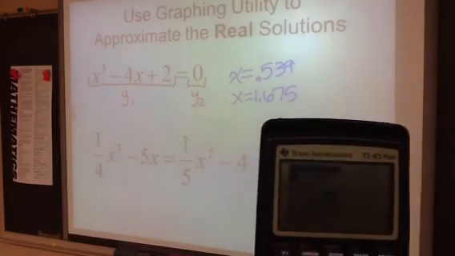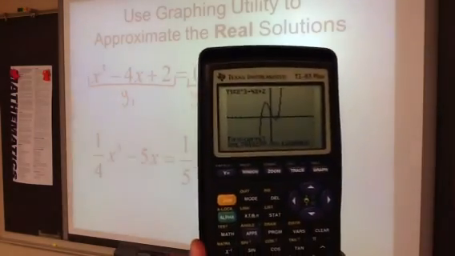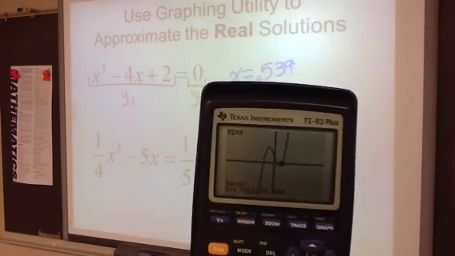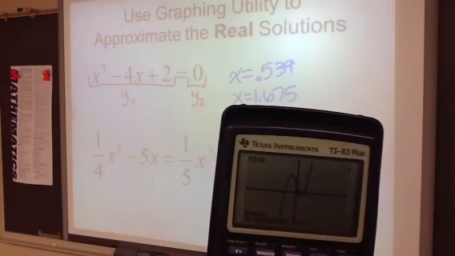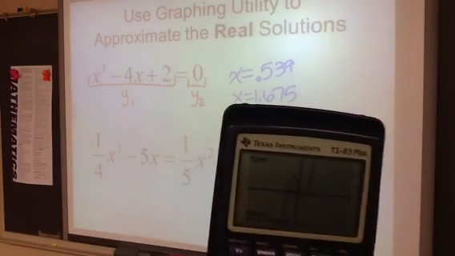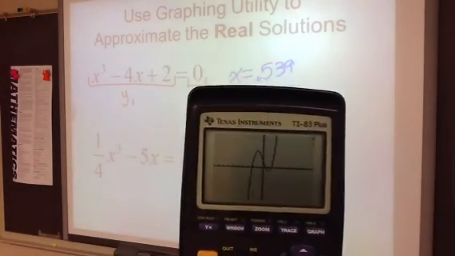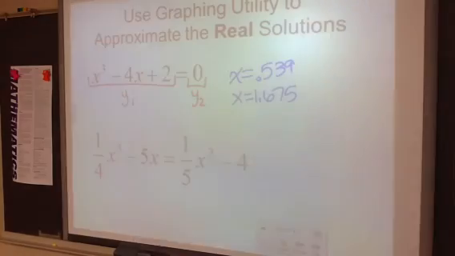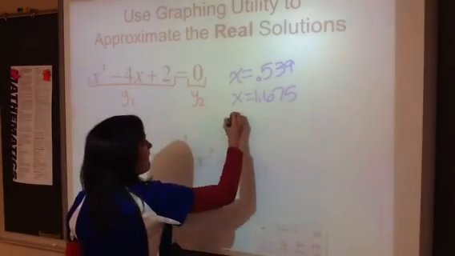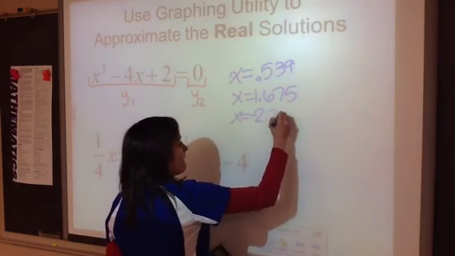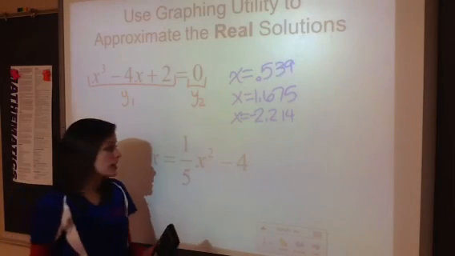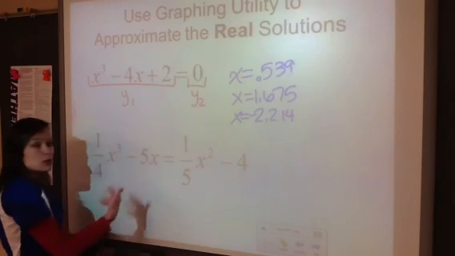Second trace, intersect, hit enter, first curve, second curve, enter. Guess, we're going to move all the way over here to the left so that we can get closer to that guess. And we get negative 2.214. That's how you find points of intersection on a graphing calculator. So see if you can do this one on your own.